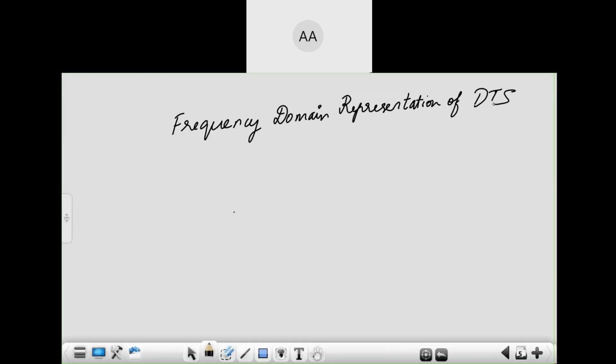So first of all, why do we need this representation? All the natural signals are time domain in nature. Why do we need frequency domain is the first question.